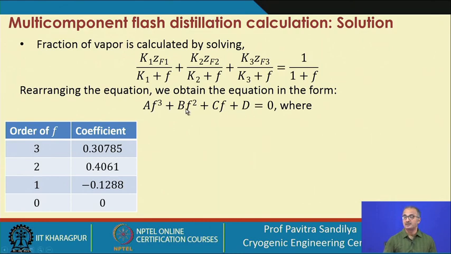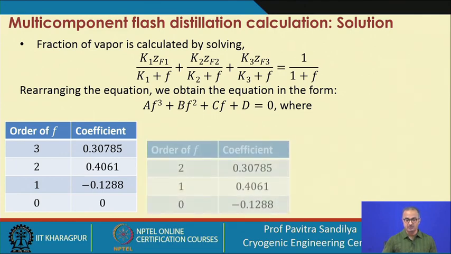But F equal to 0 is not acceptable, as that would mean there is no splitting of the feed. So, we will not accept F equal to 0 as our solution.